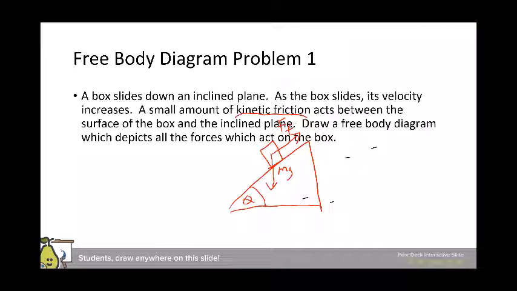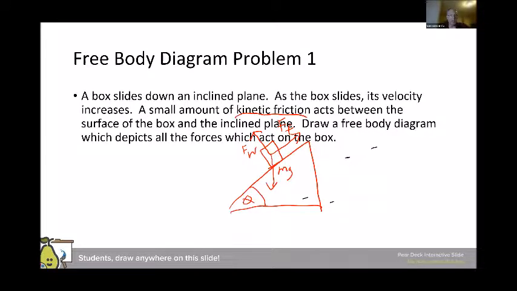Tell me how you think it should be drawn in. Perpendicular to the plane. Exactly. So maybe something like that. And we're going to label that, and make sure you label your forces. F sub N is the best way to do that. Normal force. All right, I think that's it as far as our forces go.